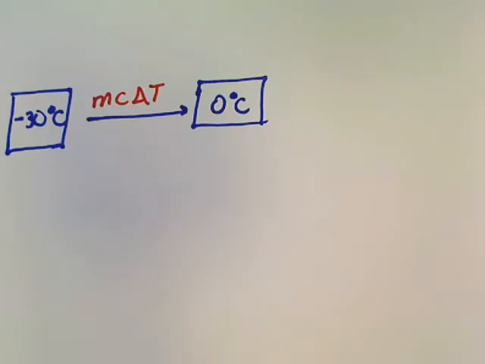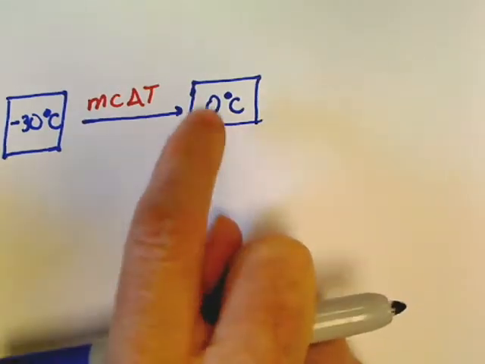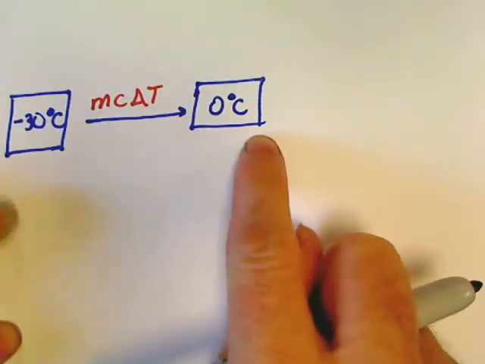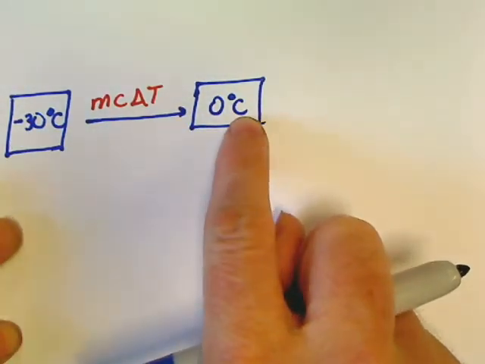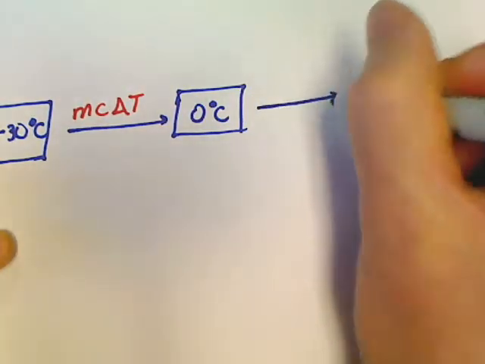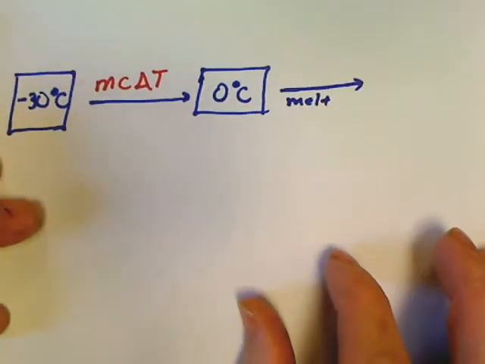In other words, I've got to heat this piece of ice up to the point where it has the ability to melt. It's going to take energy to melt that ice. Once I've heated the ice to 0 degrees, now I can actually try to melt the ice.